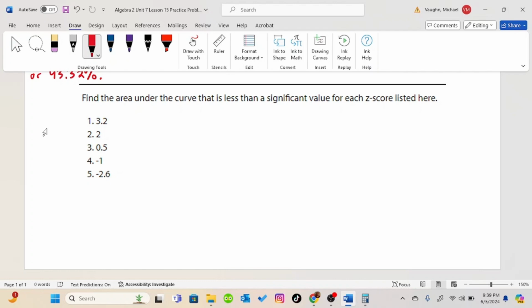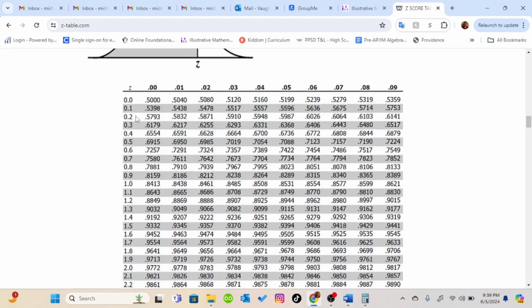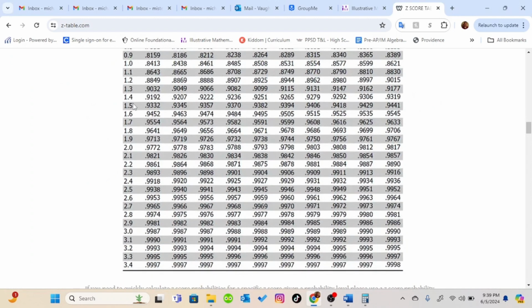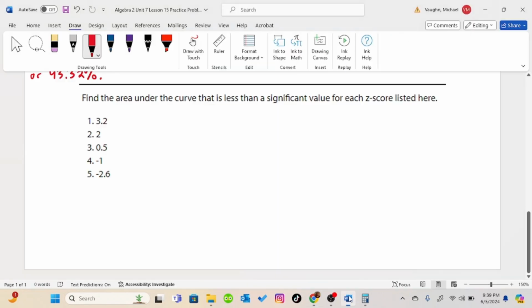So for number 1, we have a z-score of 3.2. So this is where you would go to a z-score table, go down until we find 3.2 on this left-hand column, and then look at the first number that comes after it, and we have 0.9993.